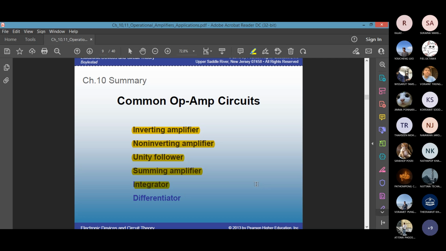You can integrate and make it the integral of the input voltage V(t) dt. Similarly, by using a different combination of resistor and capacitor on the input side, you can make a differentiator op-amp circuit. The output will be dV over dt, where V is a function of time.